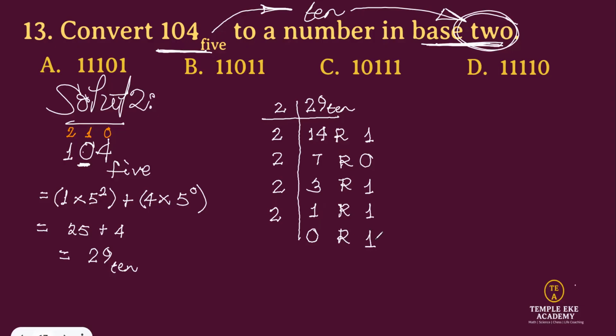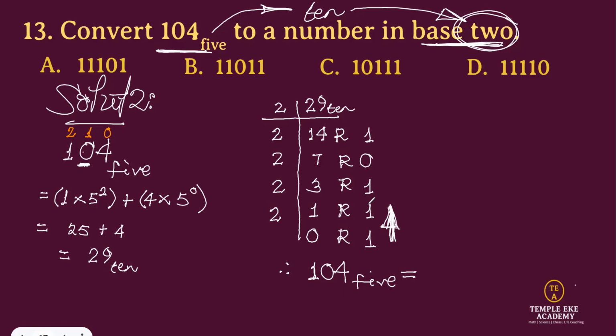That's right. And now the final answer has to be these remainders written in reverse order from bottom to the top. Let's do that. And therefore, it means the original number from beginning, 104, written to base 5, which was initially converted to 29 base 10, is now equal to these remainders from the bottom to the top.